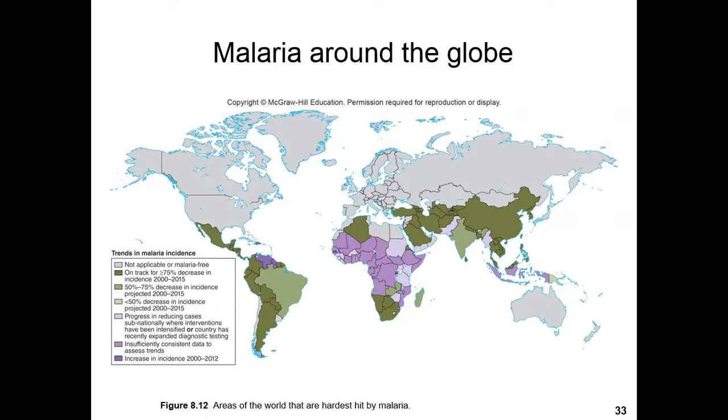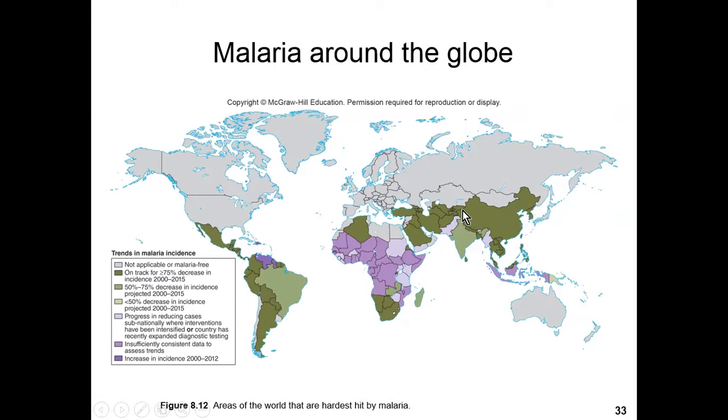And if we look globally, since malaria is associated with mosquitoes, we find that most malaria is going to be concentrated around the equator. So around tropical wet regions, there are going to be lots of individuals contracting malaria. In these purple areas, there's an increase in the prevalence of malaria.